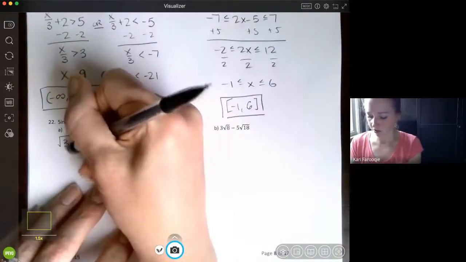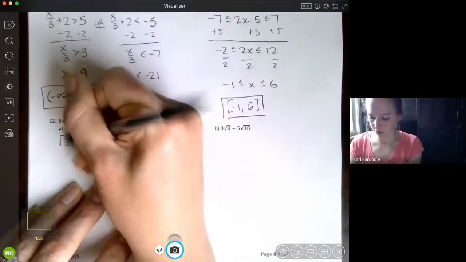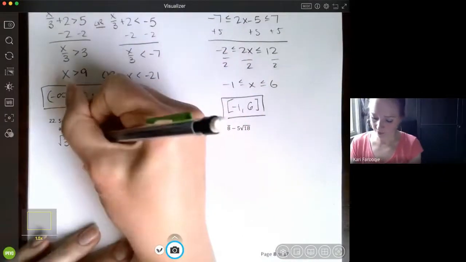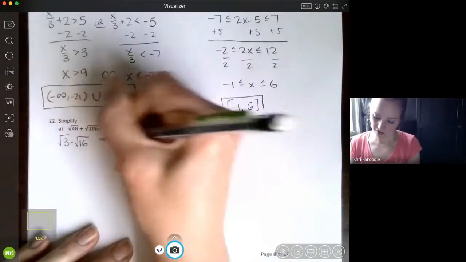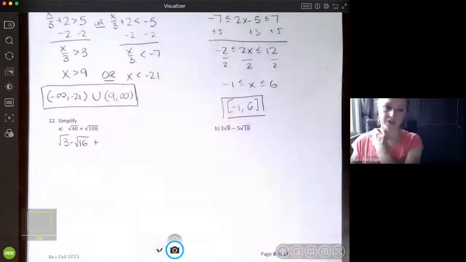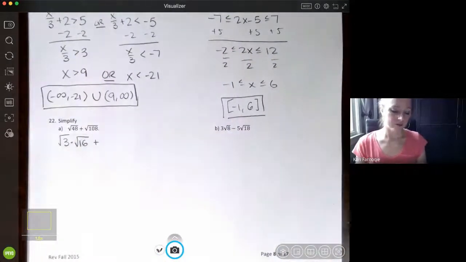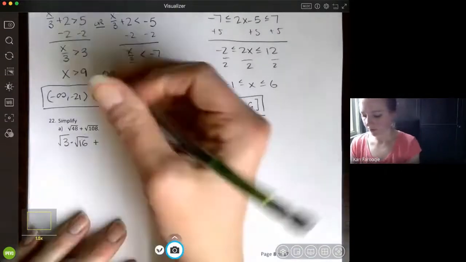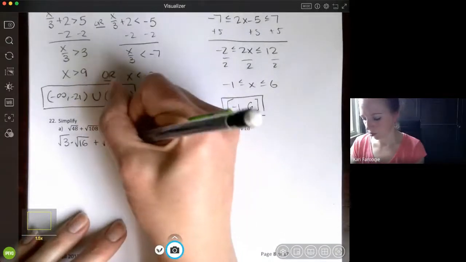And you know what? I'm just going to rewrite this as 2 different factors. So 3 times 16 gets you to 48. Now, as far as the 108 is concerned, you're going to have to, oh yeah, 9. 9's a perfect square factor. We know that 9 times 12.